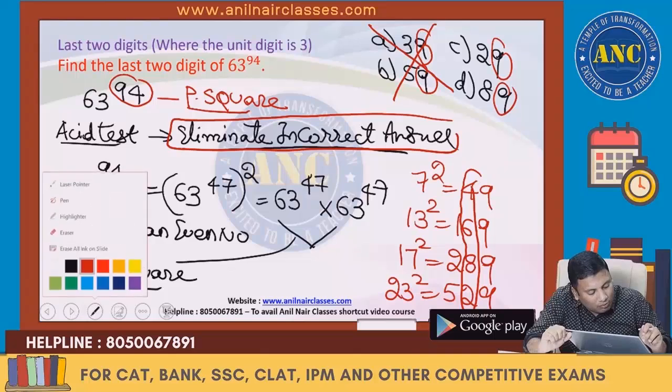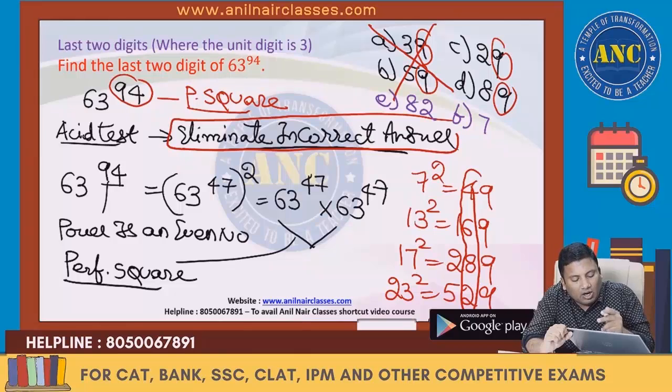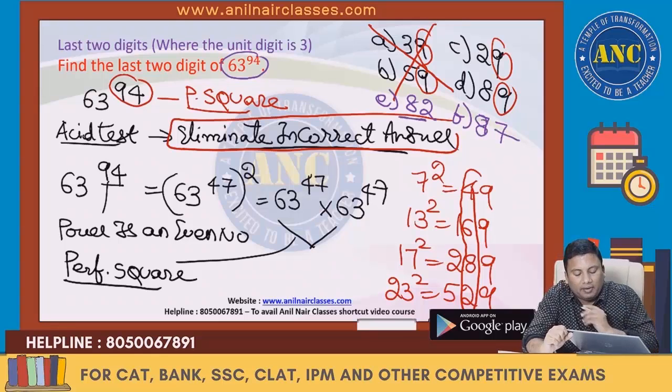I will discuss one more logic. Suppose the option is 82 or 87, because it is an odd number, odd into odd into odd. 63 power 94, if it is 82 or if it is 87. 82 is incorrect. Why?